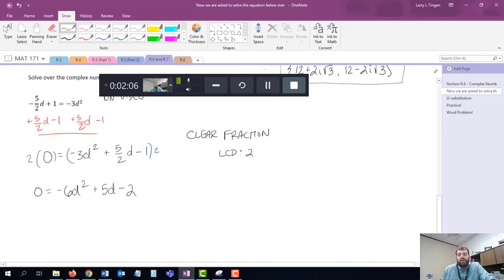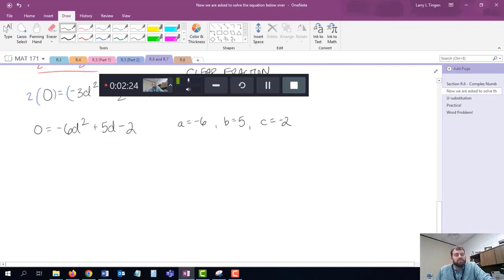And now I have a quadratic. My coefficients are what? A is negative 6. B is 5. And C is negative 2.